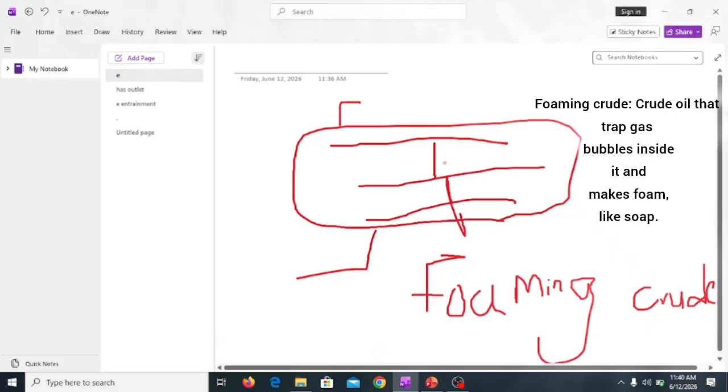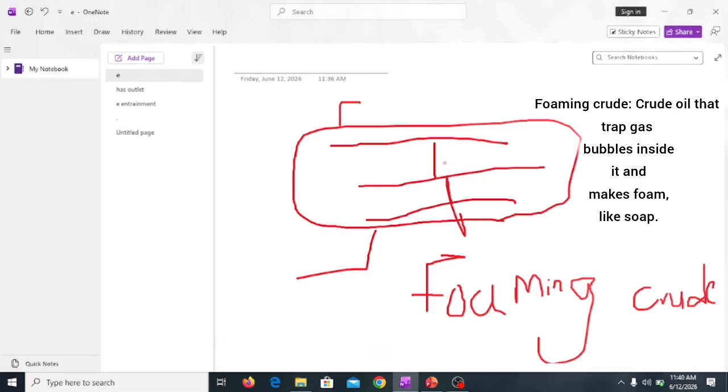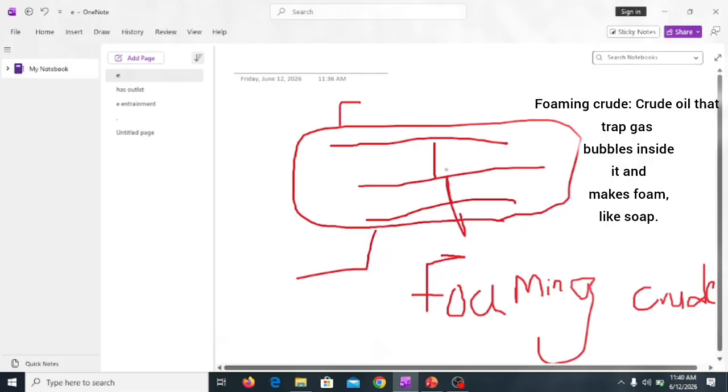So how this horizontal separator prevents this foaming is that if there is a foam, it can easily spread around the separator. That means it can easily collapse. The foam can easily collapse in the separator and it can be reduced.